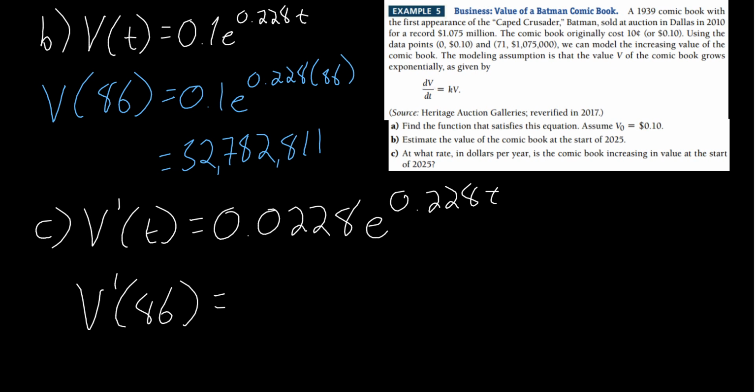Okay, so it looks like it is increasing at a rate of 74,481. It is increasing at a rate of $7.4 million per year. And again, that's just at 86 years, and if it's exponential, it should be growing a lot faster the next year.